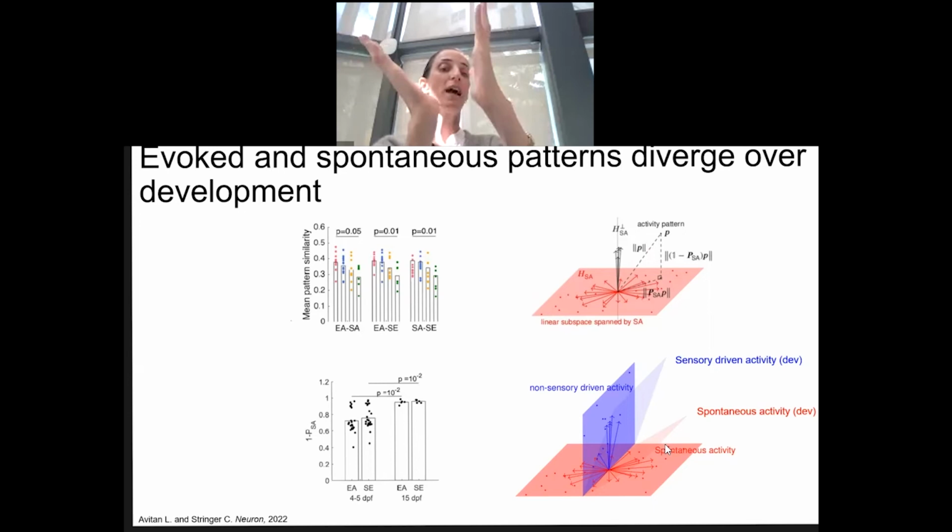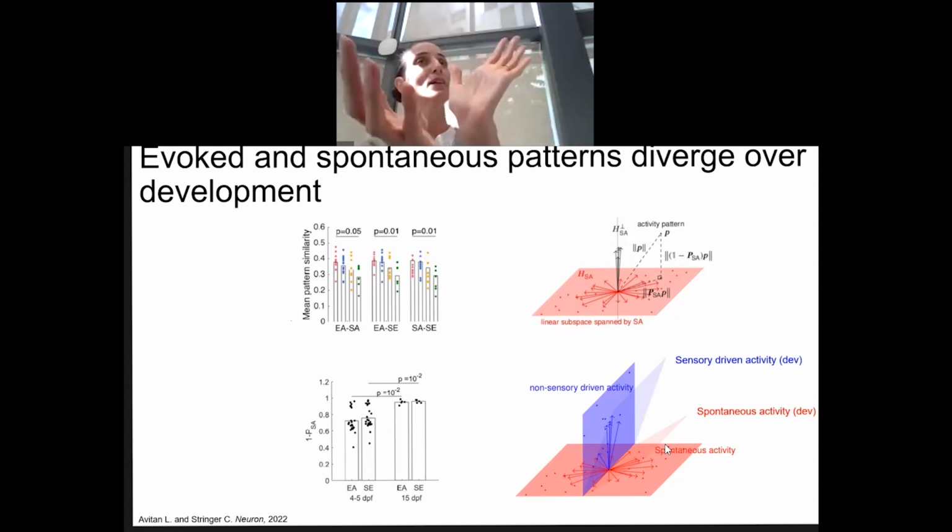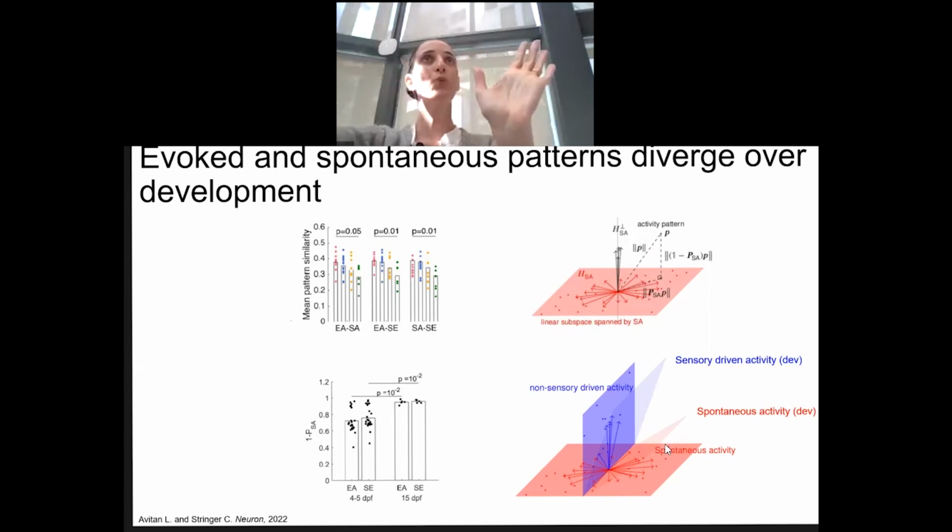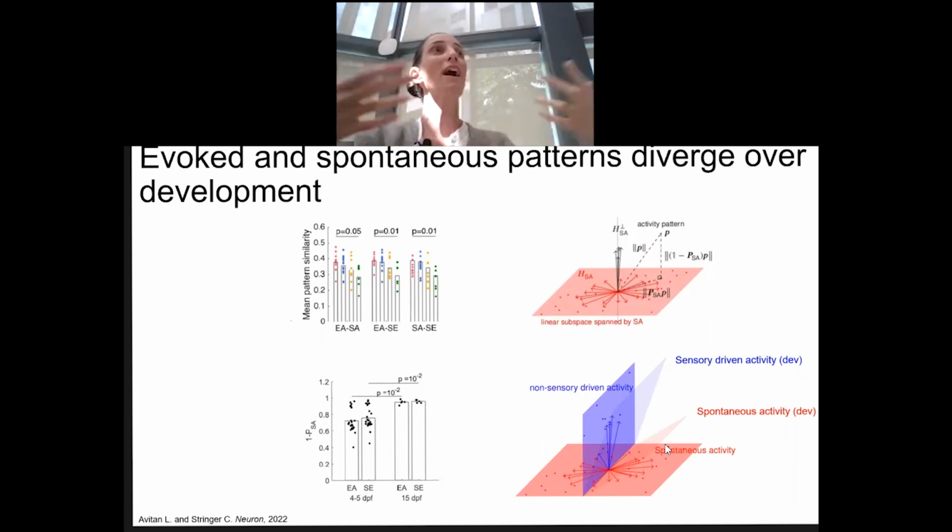Perhaps when the animal is young, these planes are closer, and as the animal develops, this plane develops some orthogonality, and this can serve the circuit to do some computations. Because when you have something that is orthogonal to what is being processed, it doesn't interfere with your processing, but you can still incorporate it when you are trying to generate an adaptive behavior. It can hold some context, a lot of factors that the circuit needs to know while processing the information.